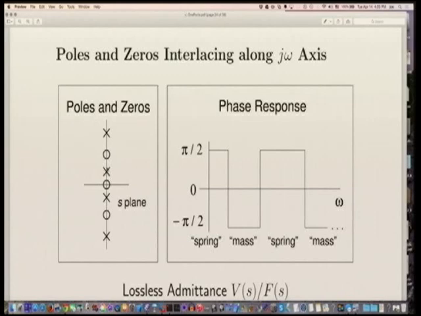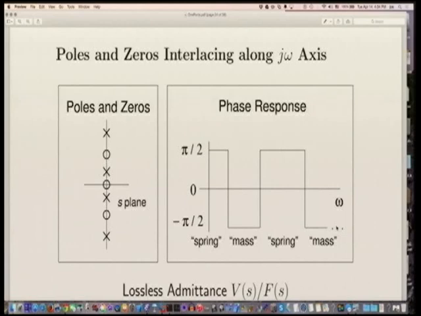So as I cross this pole, I switch into the mass controlled regime, where the system looks like one mass as far as its phase is concerned. Then the next thing I have to hit is a zero, and that swings me back up to plus pi over 2, and it looks like a spring. Then I hit another pole, and it looks like a mass after that.